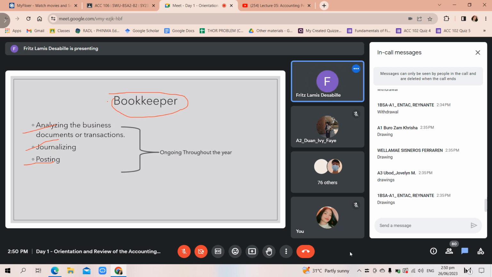Just someone who has basic knowledge of the debits, the credits, and the transactions, of course. Normal transactions like AR, cash receipts, AP. These journalizing and posting activities are ongoing throughout the year from January 1 to December 31. That is the role of the bookkeeper.